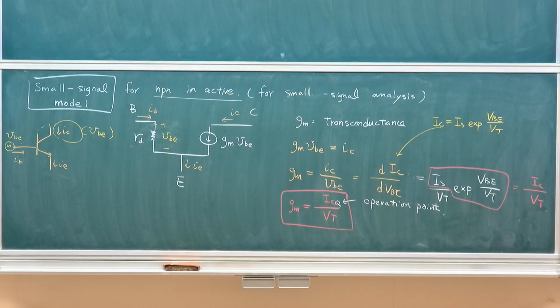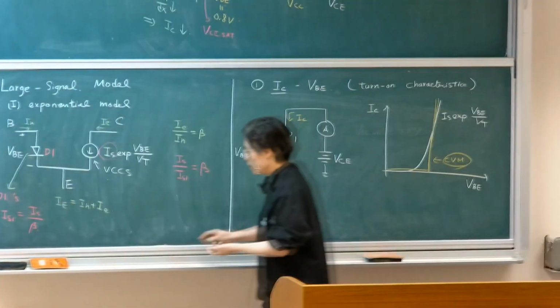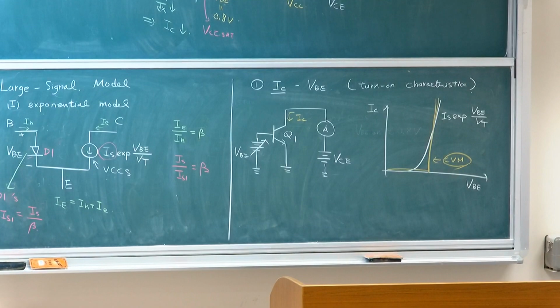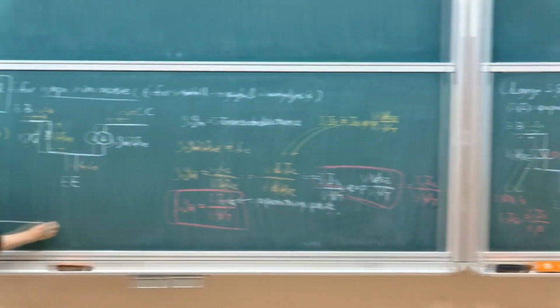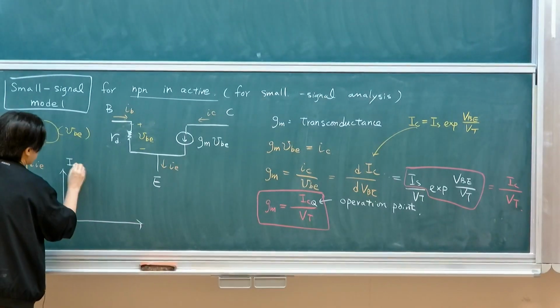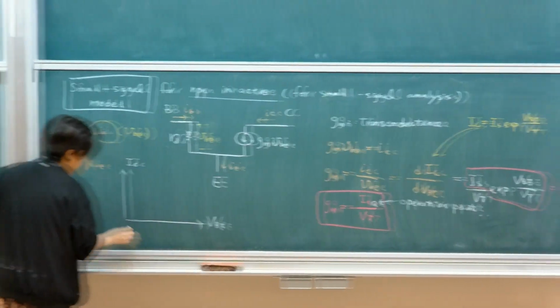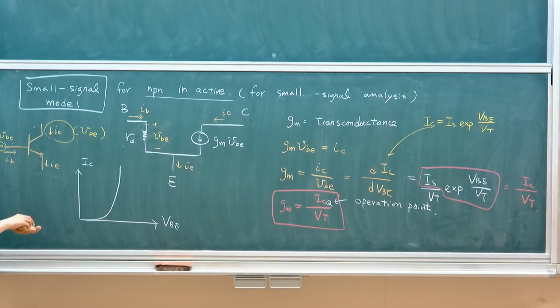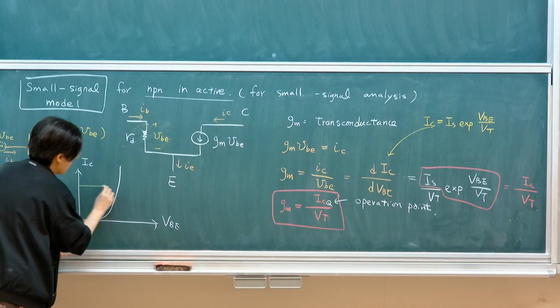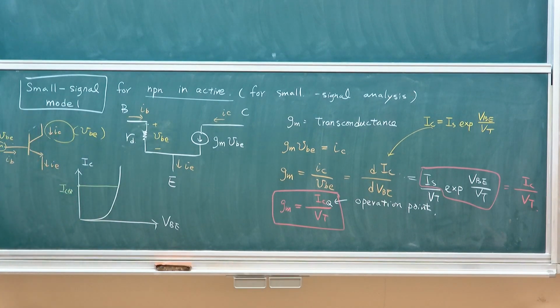If you look at this plot, let me just draw it here. So what does this refer? Physically, this is IC versus VBE. If I'm plotting this, it is exponentially increase. So I'm looking at this particular ICQ, which is my operating point.